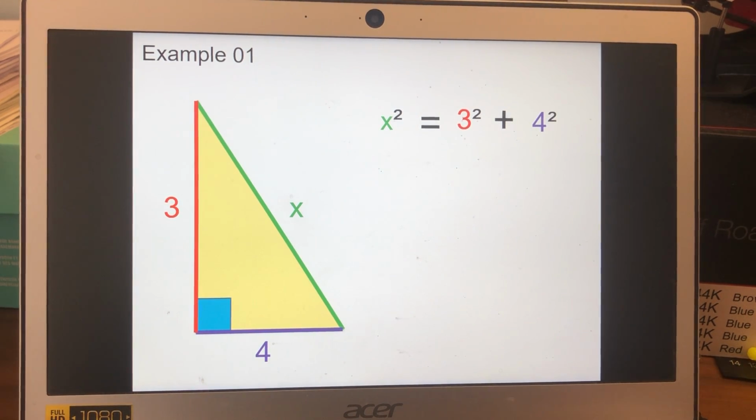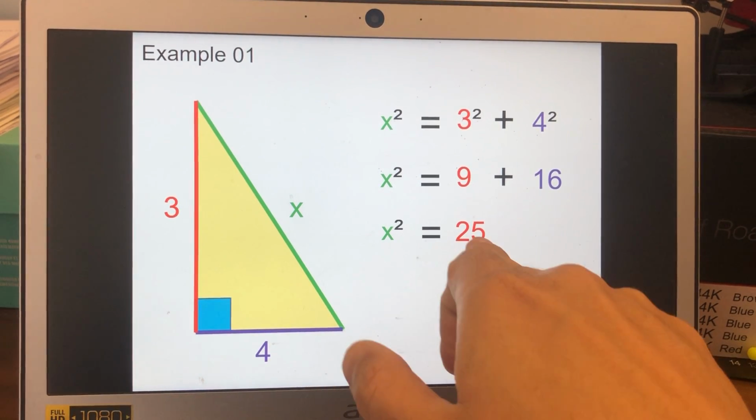Okay? So 3 squared is 9. And 4 squared, 4 times 4 is 16. So add the numbers up, we have x squared equals 25.